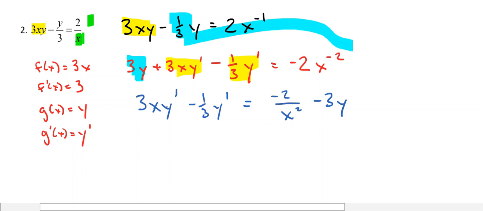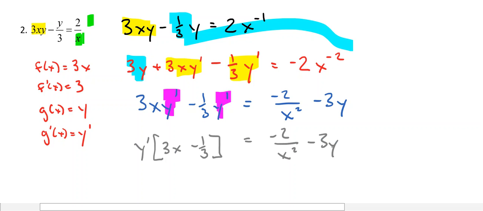Now we need to factor out the common factor of y prime. And so when I do that, what I'll be left with is 3x minus 1/3 equals all of this.